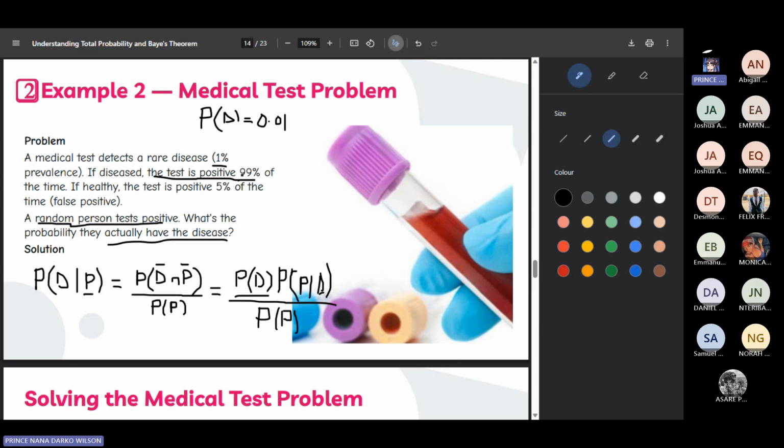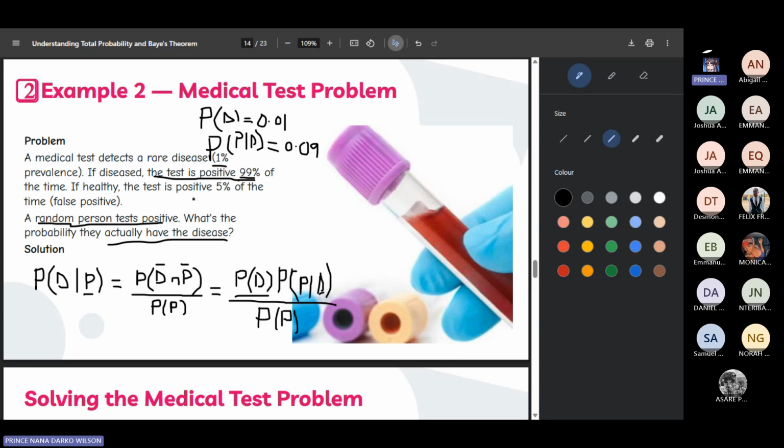So then the probability of P given D, the probability of being tested positive given that you actually have the disease, has been given to be 99%, which is 0.99. So all we are left to find here is the denominator, which is the probability of testing positive.